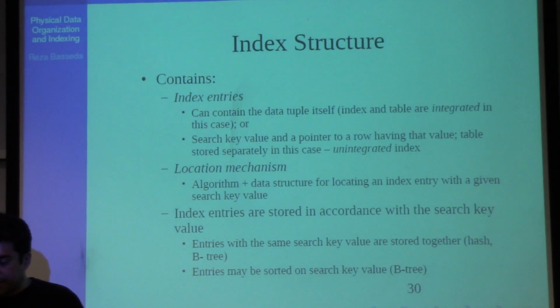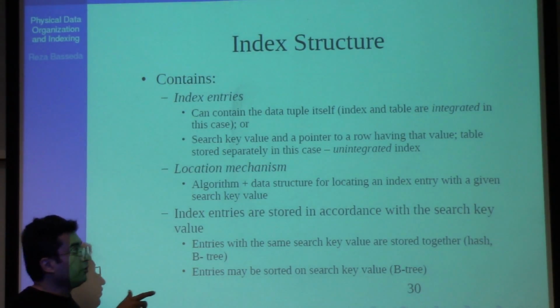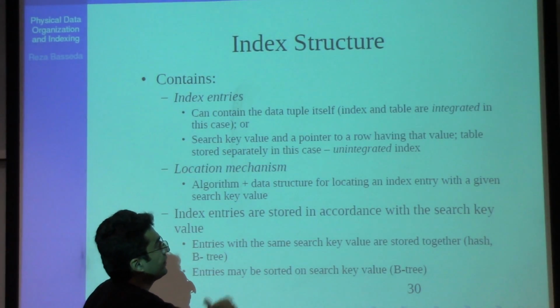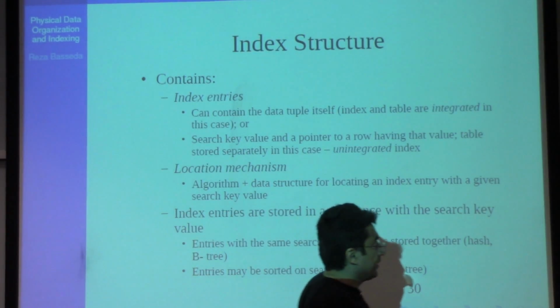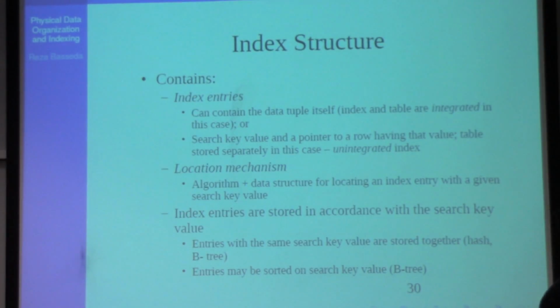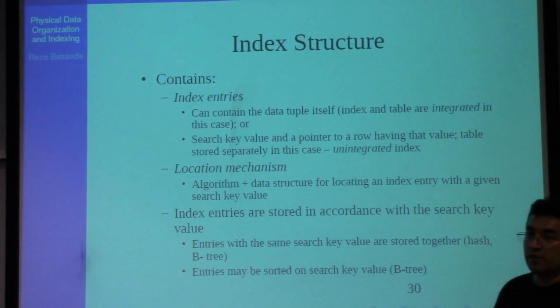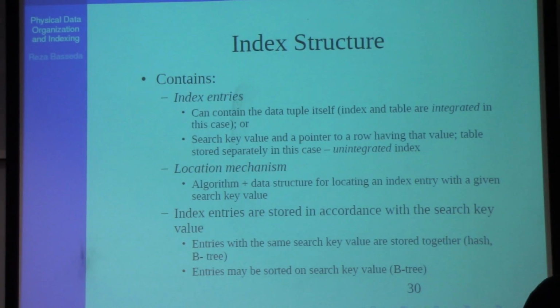So what is the location mechanism? The location mechanism is an algorithm you are using to find an entry and also the data structure for locating and indexing the entry. Suppose that you are familiar with binary search trees. Are you? Okay, so good. In the binary search tree, what is the binary tree?